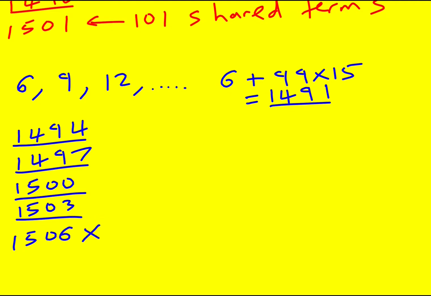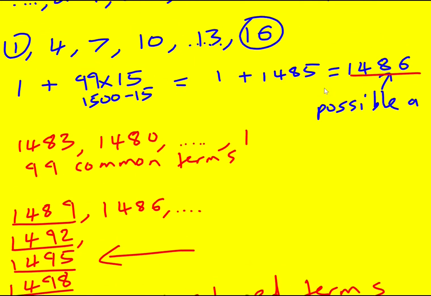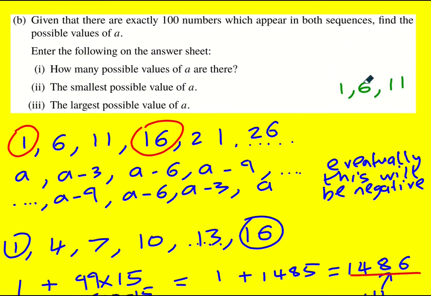This is where it breaks because again, I would get 101 shared terms here. So I've got another 5 lots. And then finally, we've got our highest term that can be shared, but it's the lowest term that is shared, if you know what I mean.